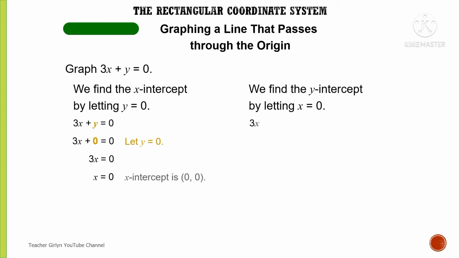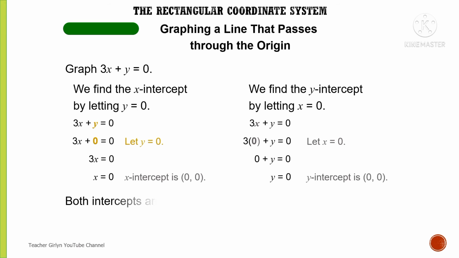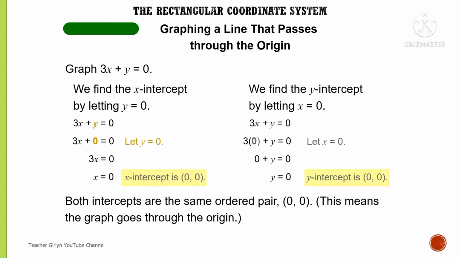Next, we find the y-intercept by letting x = 0. By substituting the value of x, which is 0, into the equation and solving, the answer is y = 0. So the y-intercept is (0, 0). Both intercepts are the same ordered pair, (0, 0). This means the graph goes through the origin.